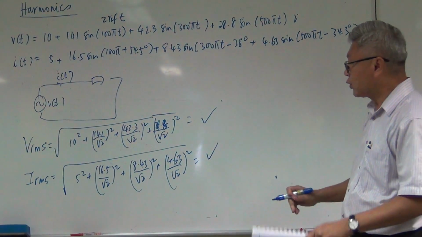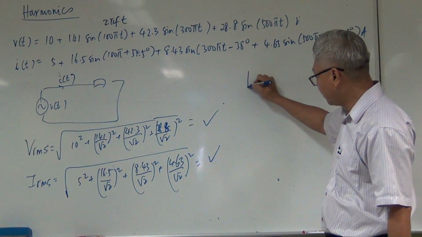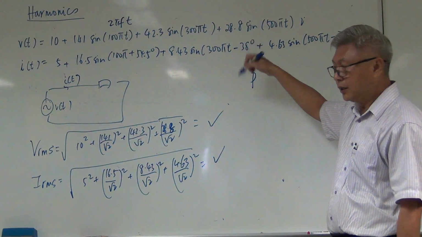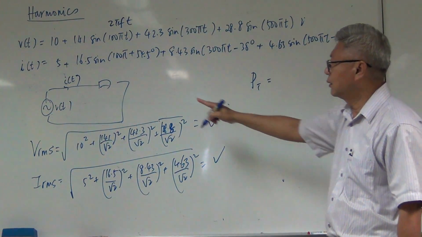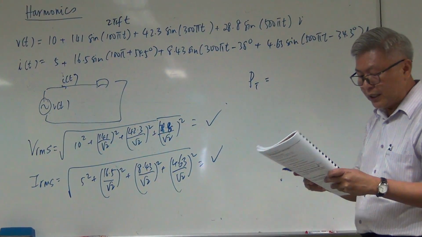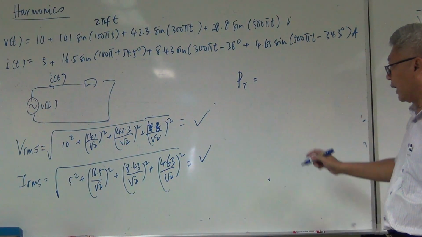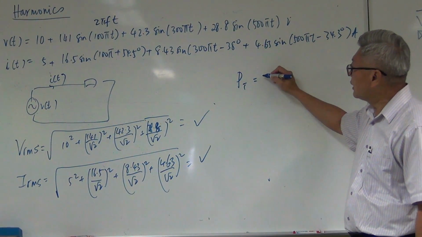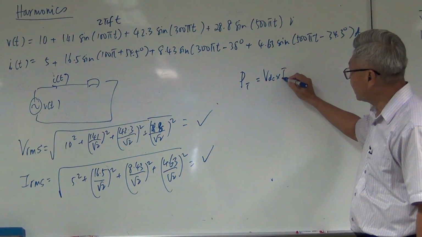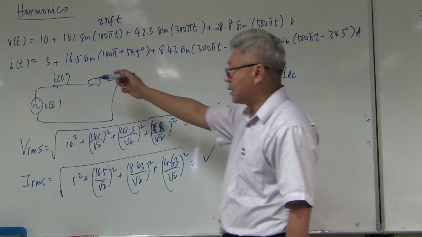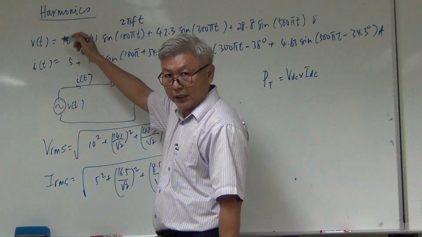Now the next one is to find the power, the total power in this circuit here. And what we do is that we use the VI cosine theta formula. Of course, the first one is the VDC times IDC, but there's no cosine theta because it's a true value, a DC value.